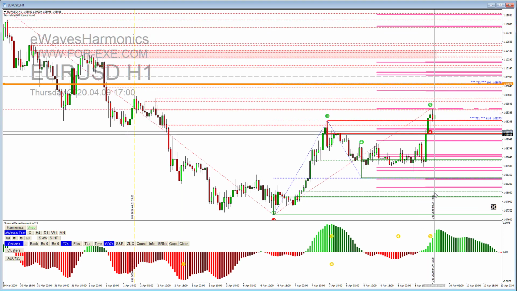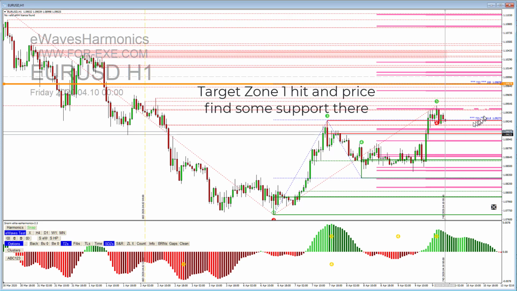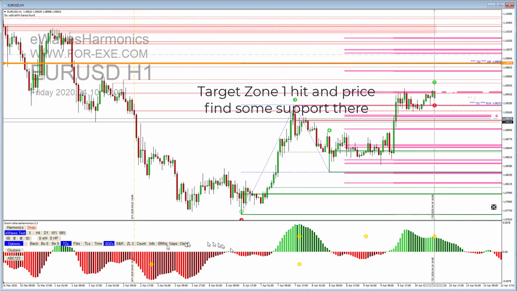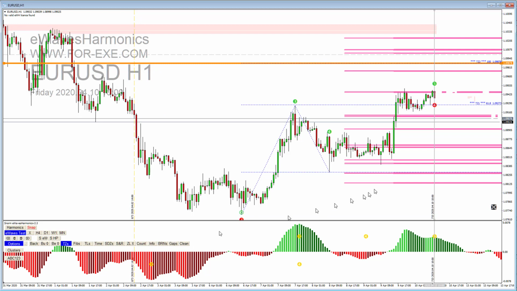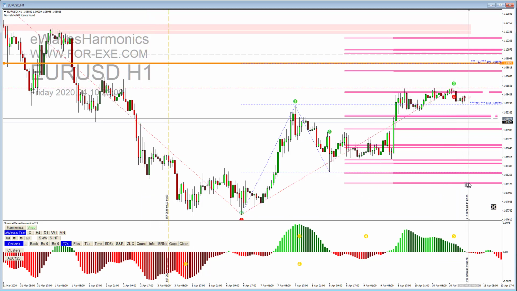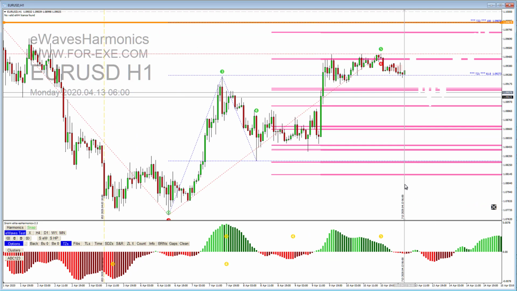Let's scroll forward a bit more, and we see that prices found some support around the target zone 1 after it had broken it. And again, looking for price to make its way up to our target zone 2, between the 50 and 62% of the downswing.